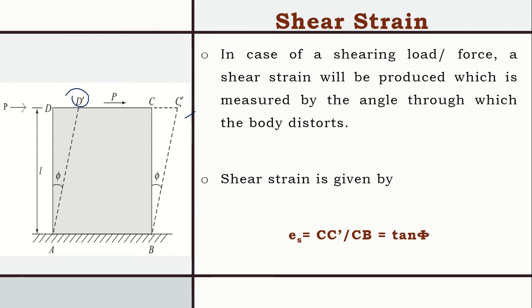If I take this right angle triangle C, C dash and B and apply a tan function, tan is opposite by adjacent side. Opposite side is CC dash, by adjacent side C dash B. Even if I take this side, it would become DD dash by AD.